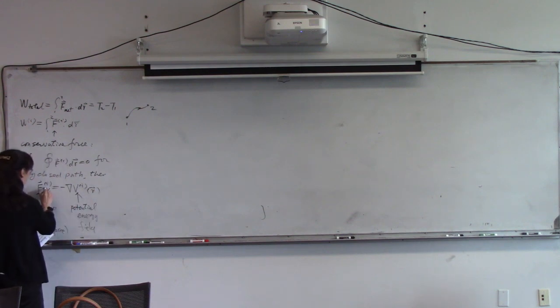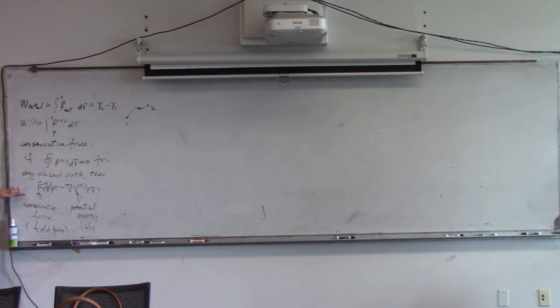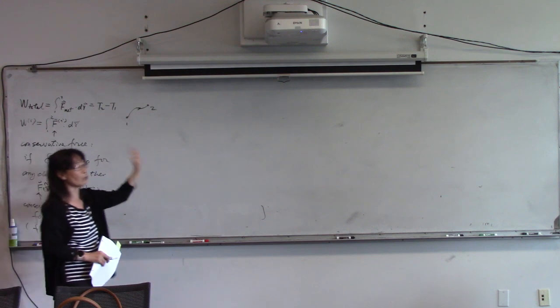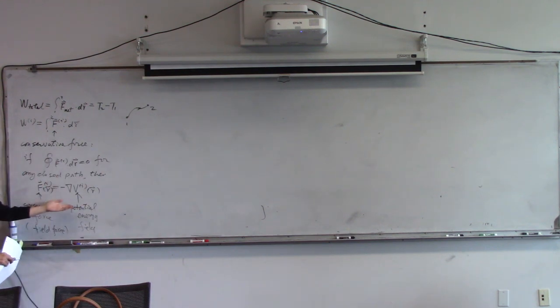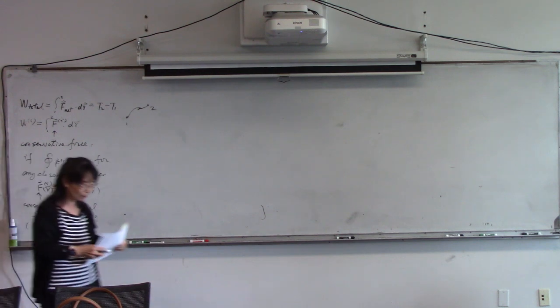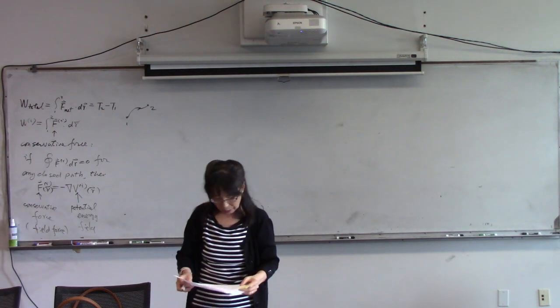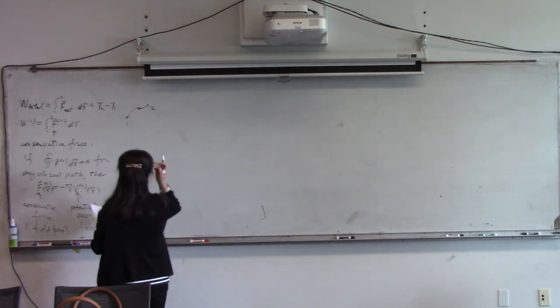This is the conserved force, a field force that exists in the whole space, and associated with it there must be a potential field, whose negative gradient is this force. I think that is the end of almost the last class.